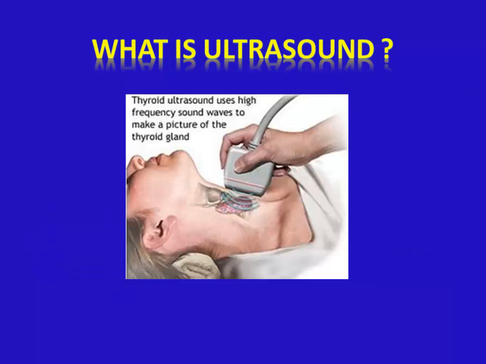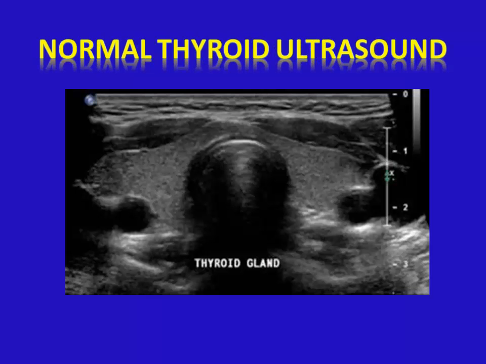When we do the ultrasound, we ask the patient to lie on the bed with the neck hyperextended, which is quite uncomfortable for the patient, but this is necessary for doing the examination. We use a high-frequency probe, which transmits high-frequency sound waves that will be reflected by the thyroid and neck tissues in the form of echoes, and hence the name echogenicity, to form the image that we are going to see on the monitor.